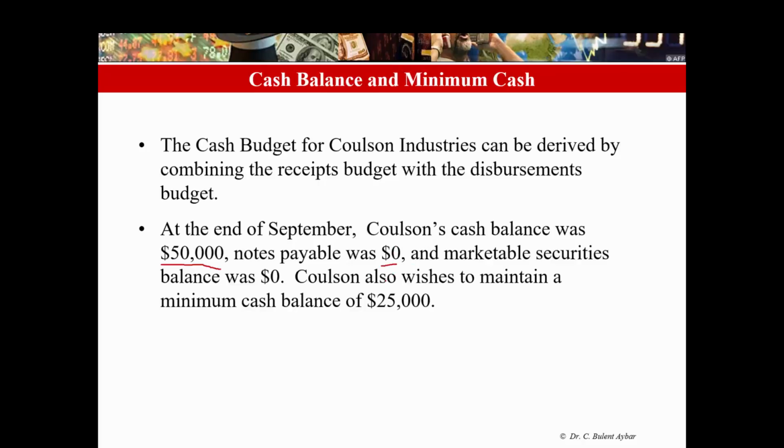That is, there is nothing in the bank account, and we would like to operate with $25,000 of cash. So minimum cash requirement is $25,000. Beginning cash is $50,000. So these are sort of plug-in numbers or assumptions.